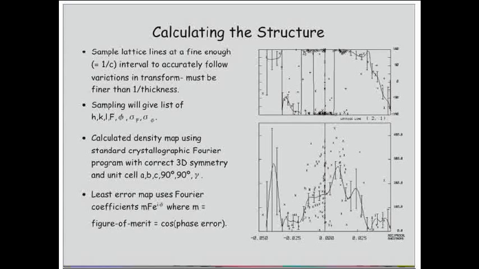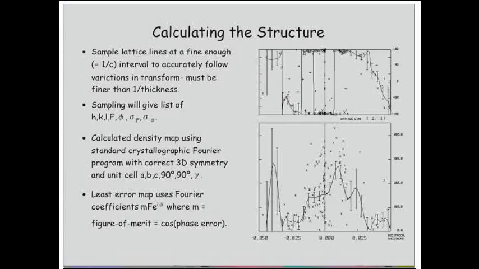And typically, what we do is calculate that structure using Fourier coefficients that look like this. So we've got the amplitude, f, and the phase, phi, and we weight it by a figure of merit. This is something that X-ray crystallographers are very familiar with. As microscopists, you might not be so familiar with it, but basically it weights the contribution of each of those Fourier terms depending on the phase error.